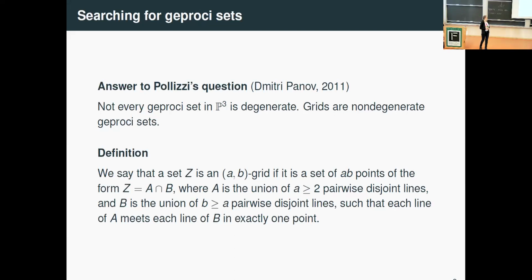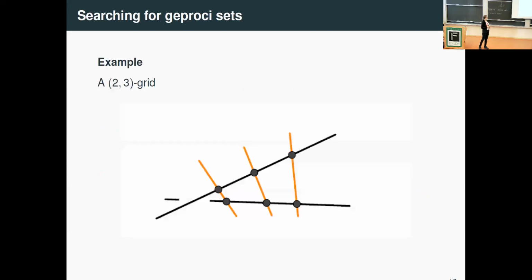An AB grid is a set of A times B points, which are of the form A intersected with B. So the intersection of two sets, where the first set is the union of pairwise disjoint lines, and the second is the union of, let's say, more pairwise disjoint lines, such that each line from the set A meets each line of the set B in exactly one point.